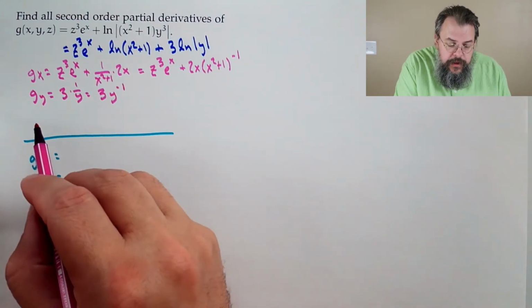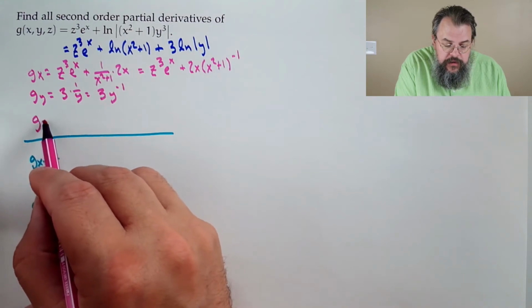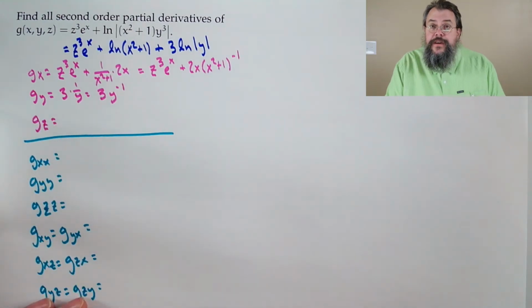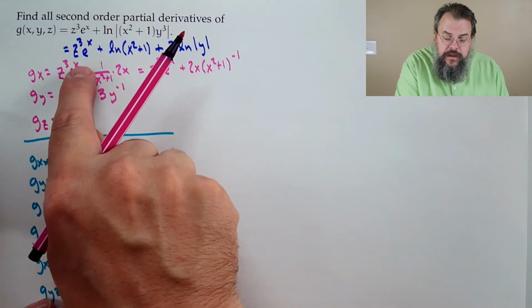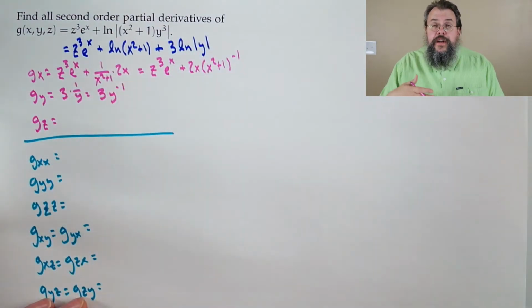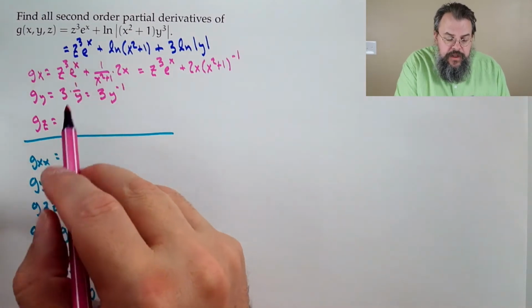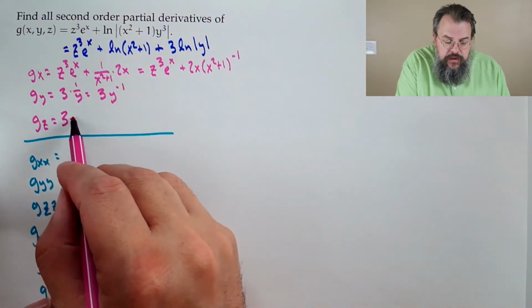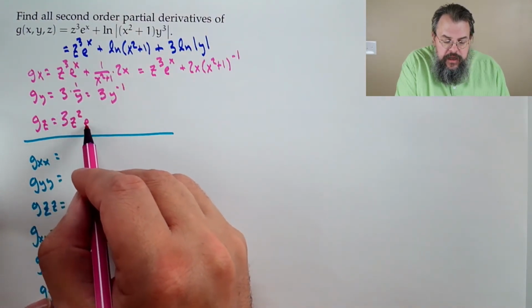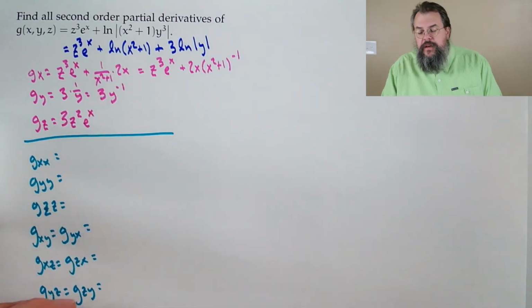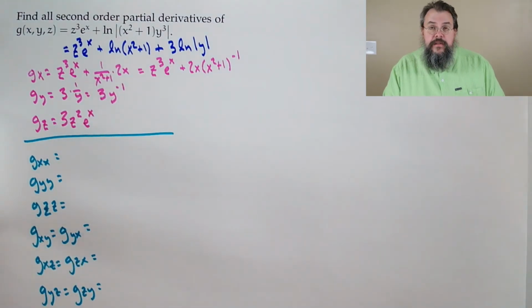We're doing wonderful. And g sub z, what would that be? There's only one z. Those terms are going to go away because they're going to be treated like constants when we take the derivative with respect to z. Derivative of z cubed is 3z squared, and the e to the x is a constant with respect to z, so it just comes down as a constant.